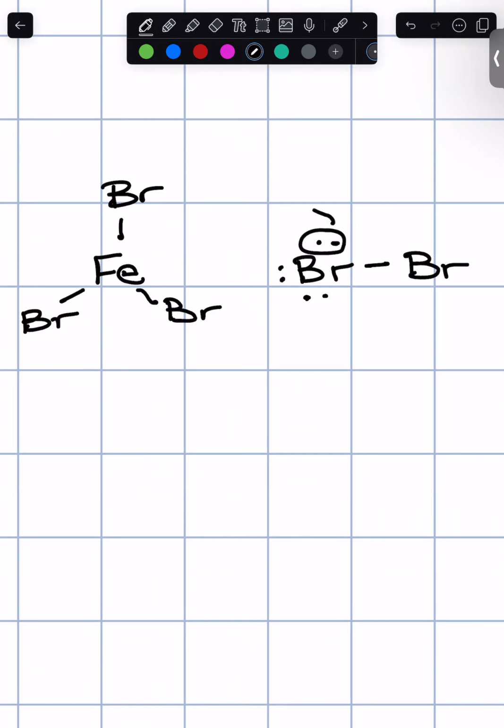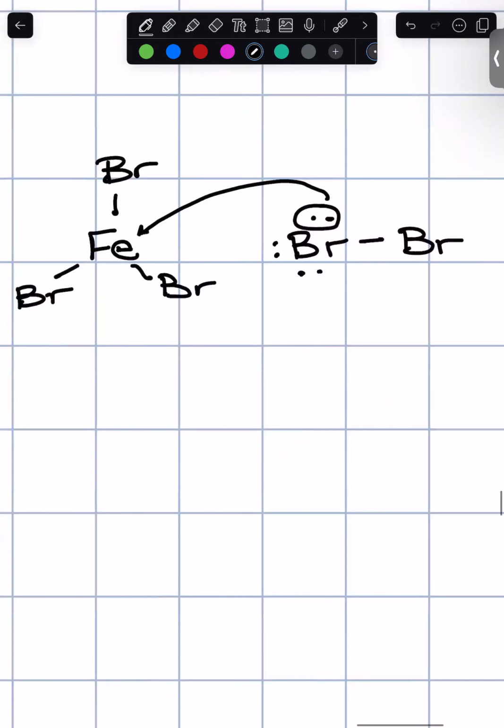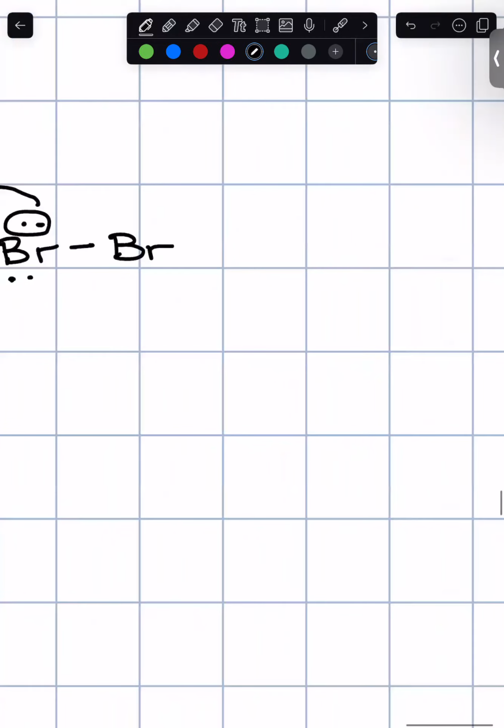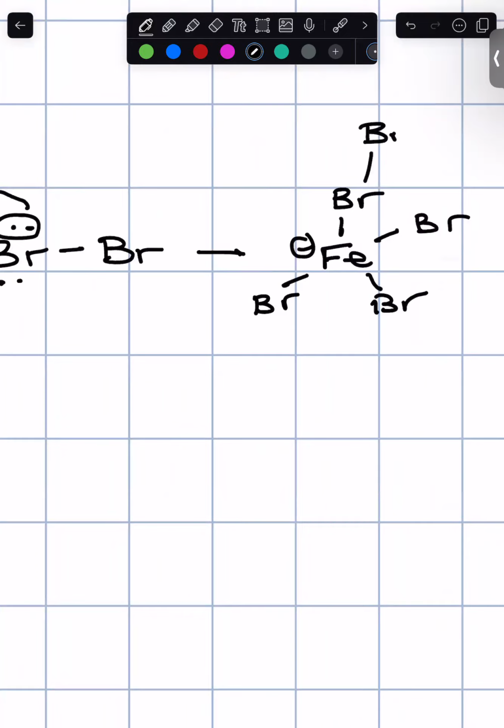So what can happen is that those electrons can be accepted by the ferric bromide to produce this.